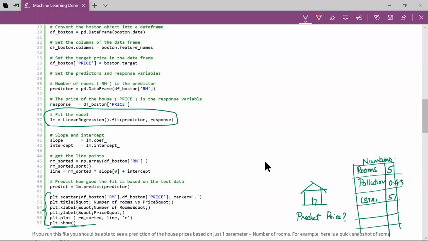The point I'm trying to make is that this is such a complicated problem, even for us humans. If we are given the data, we will not be able to predict the price of the house. It's not easy. Maybe an expert can to some degree. But this machine learning algorithm, with just one line of code, the rest is all loading the data, showing some graphs and all that stuff, but this is the line that's actually doing the prediction. Just one line.